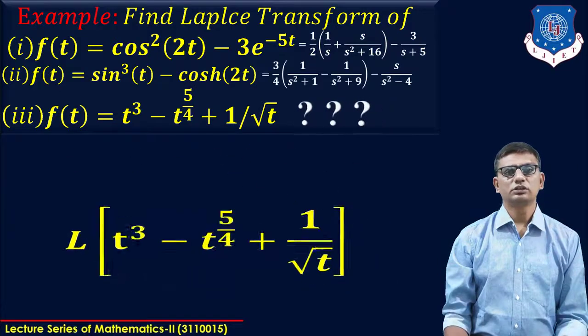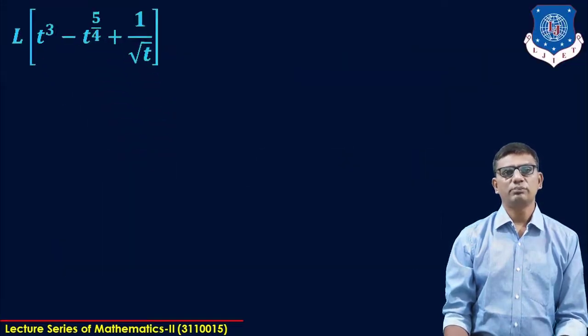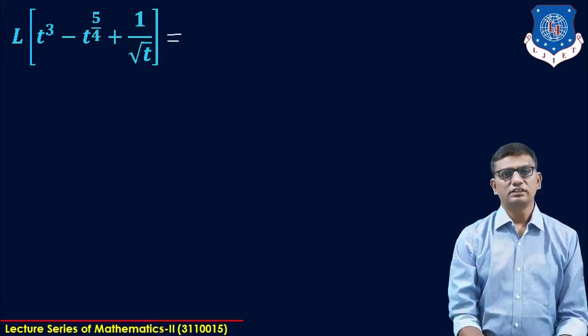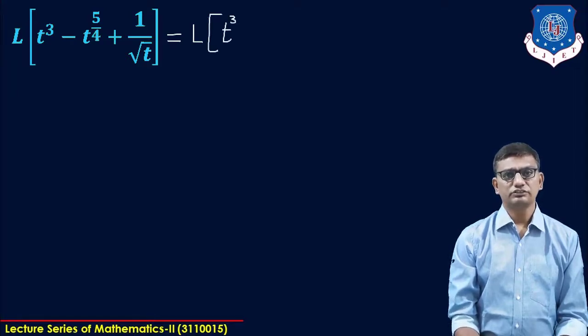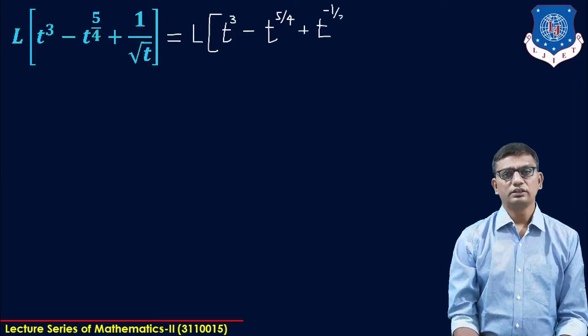Now we will go to the third example, Laplace of t cube minus t raised to 5 by 4 plus 1 upon root t. Let us see how to solve this example. Here we can write this function as Laplace of t raised to 3 minus t raised to 5 by 4 plus t raised to minus 1 by 2, which is our phi of s.